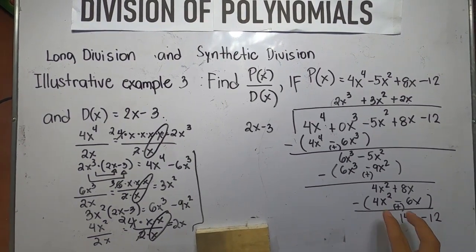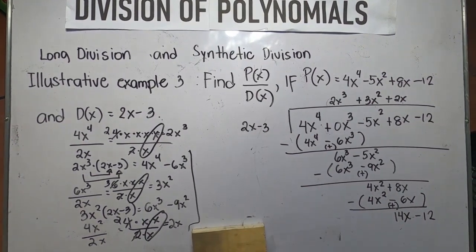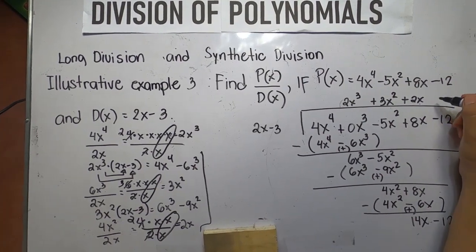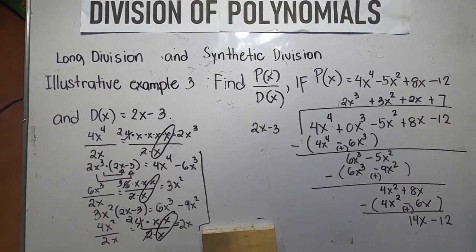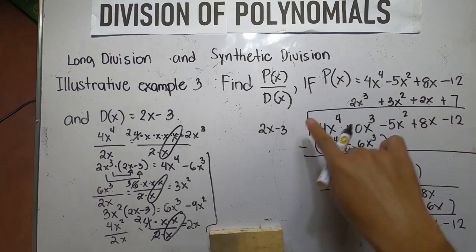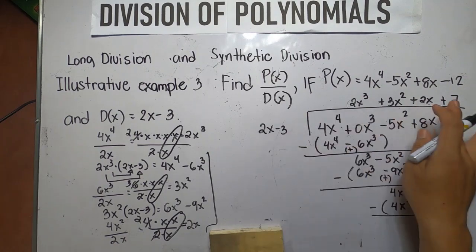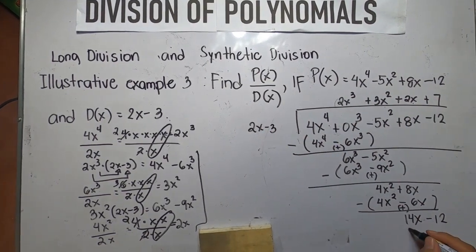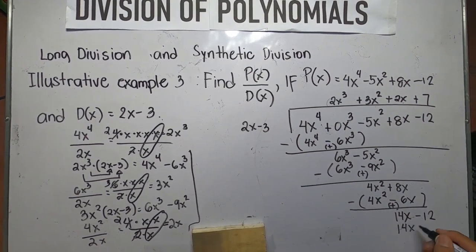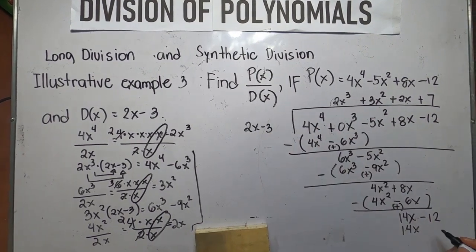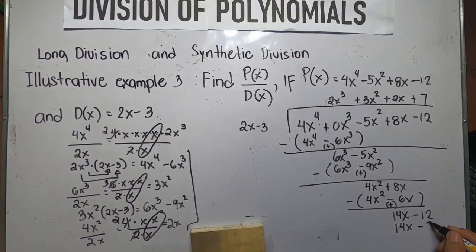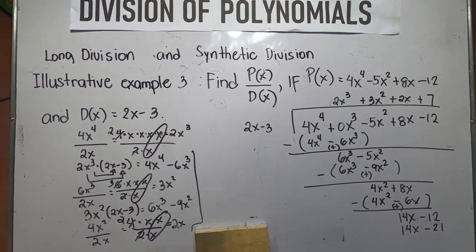Then 14x divided by 2x is equal to 7. Positive 7. Then 7 multiplied by 2x minus 3. By distributive property, 7 times 2x is 14x. 7 times negative 3 is negative 21.